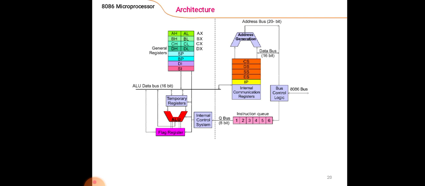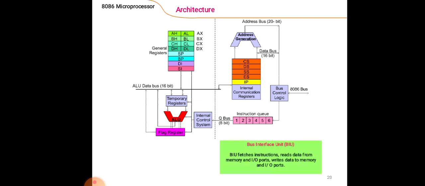So the whole architecture is divided into two parts. First is bus interface unit and second is execution unit. The right hand side part is bus interface unit.